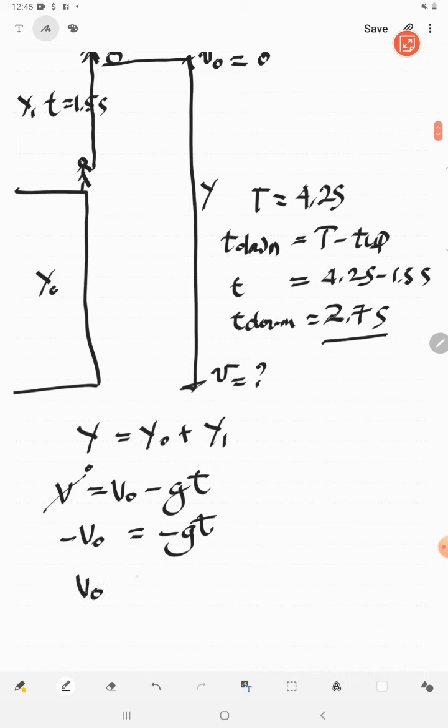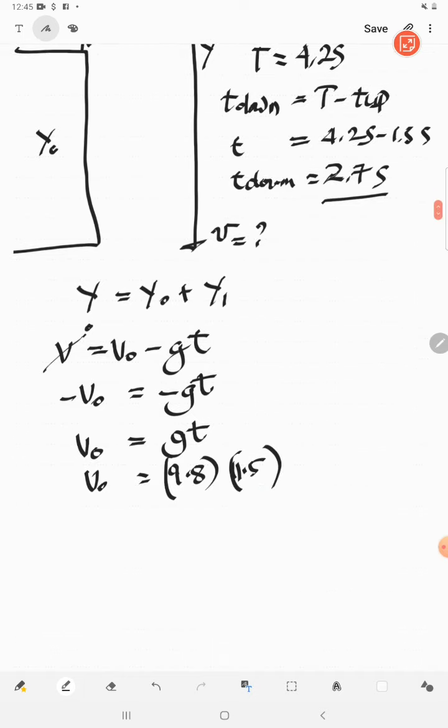But then your v naught is simply equal to g times t, and v naught is simply equal to 9.8 times the time to reach maximum height, which is 1.5. Therefore our v naught is simply equal to 14.7 meters per second.